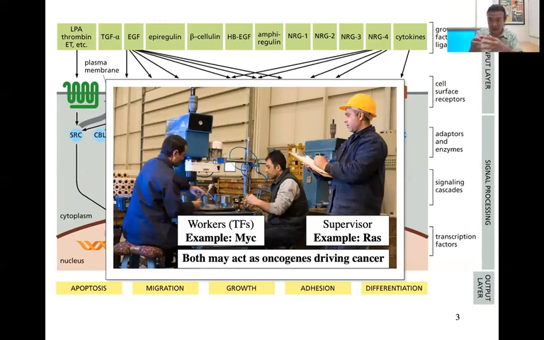But if in reality, his skill and his hands actually visit all of the different assembly line stations in the factory and he's messed up, then you can imagine his effect is just as powerful as his supervisor making a bad decision in the first place. So that's the story of MYC.